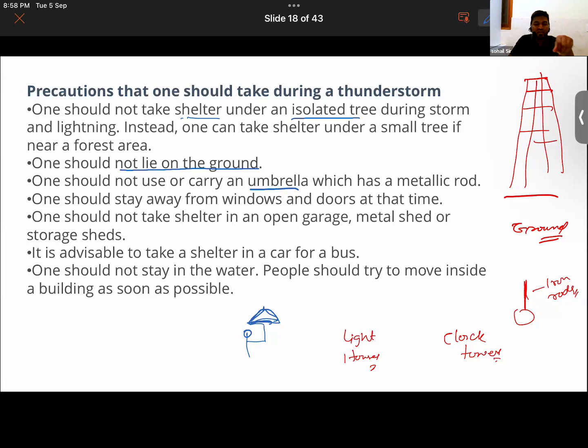One should not take shelter in an open garage where metal sheds are used. Also, it is advised to not take a bath during lightning. Let's say this is the water tank and somehow it is struck by lightning, it means the tap water also carries that electric charge, so the person might get electrocuted.